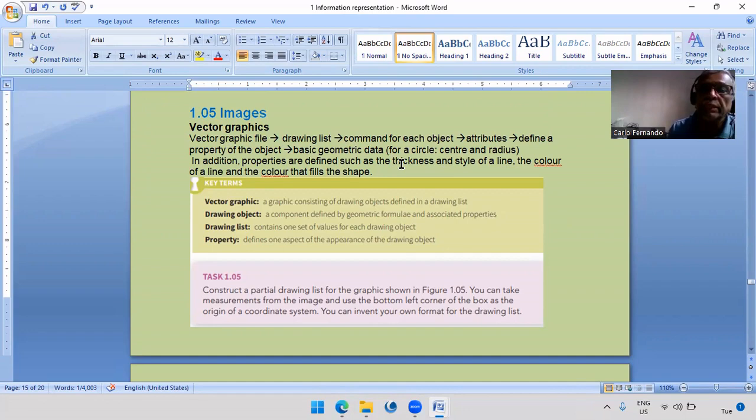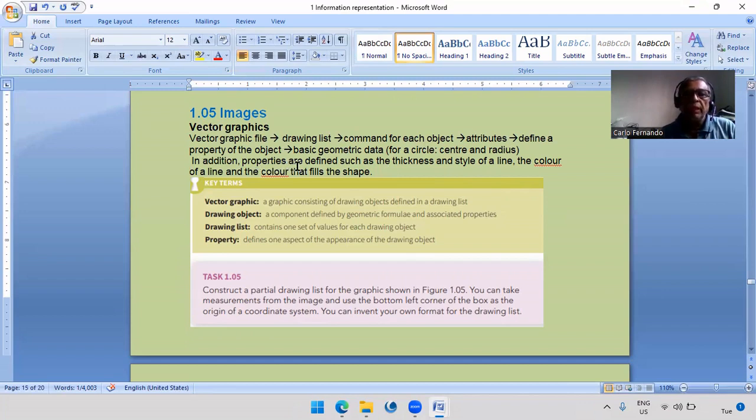There is basic geometric data also. For a circle, you need the radius. For a circle, radius is enough. But then you don't know where to draw, so you have to give the center also by way of coordinates. So this is the difference. In vector graphics, these are considered as objects, and these objects have various attributes, properties.